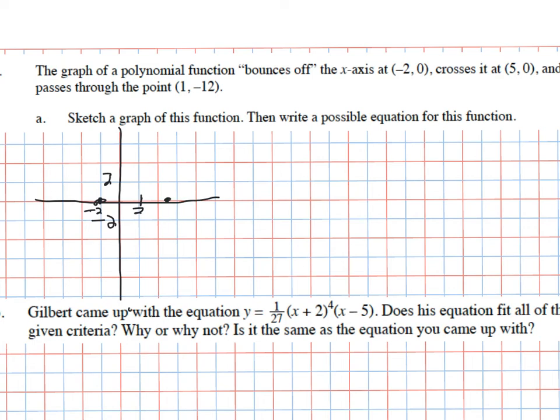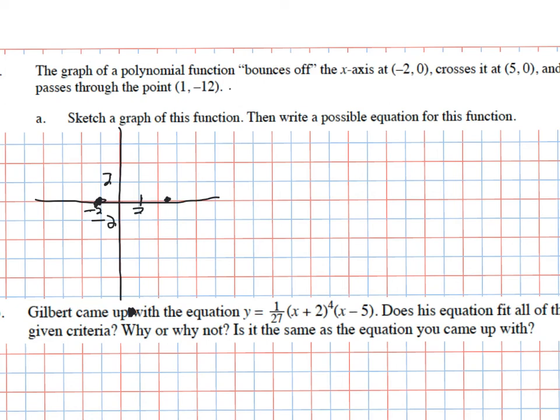That's going to take me a little bit off of my graph paper. So, trying to sketch this where I have to pass through all 3 of these points: bounce off of this first point, pass through the point 1, negative 12, and pass through 5, 0.